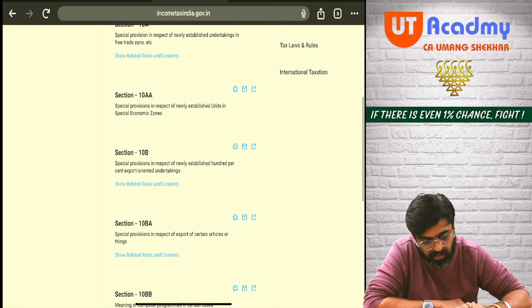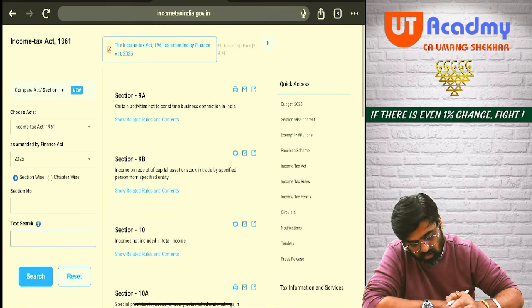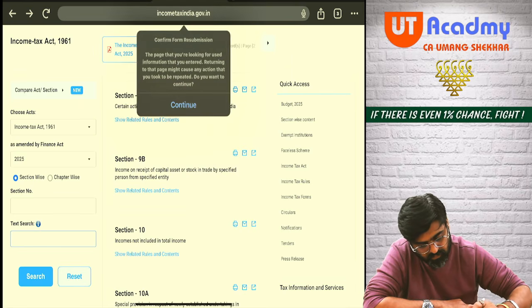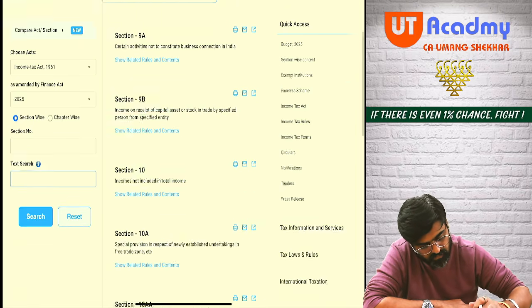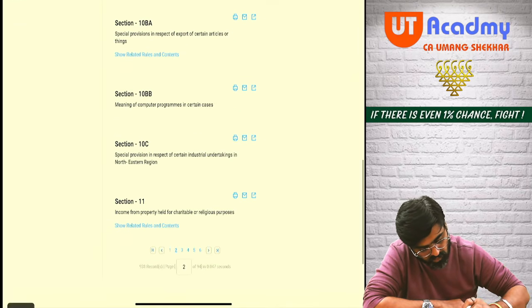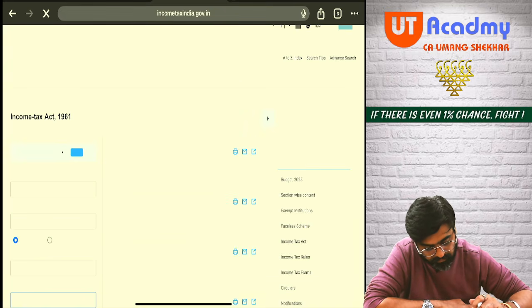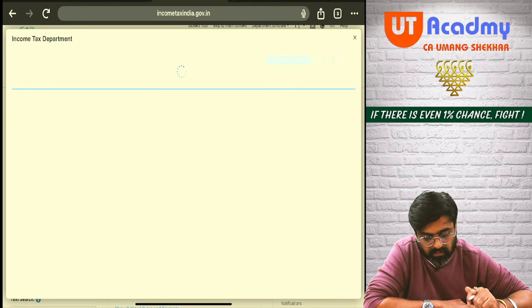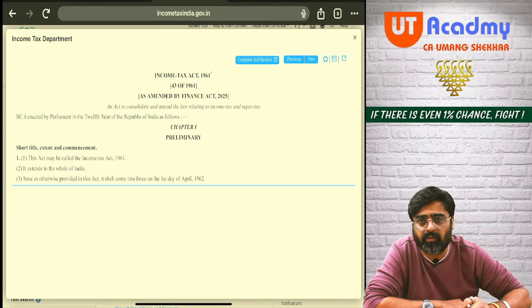Likewise, if for example I go to the very first section, this first section will open in front of you.